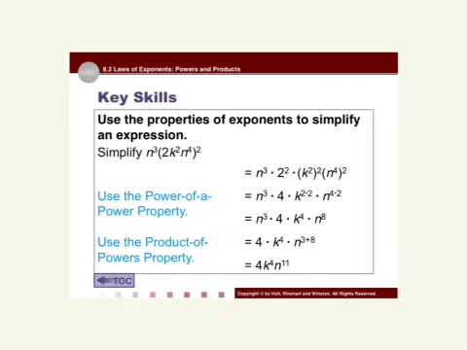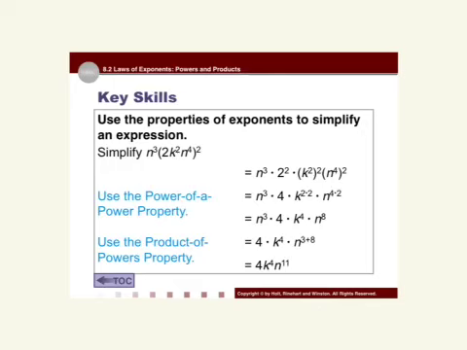Alright students, we've done a couple examples of each property. Now let's do one example that requires you to put both properties, or in other words both laws, into action. Here we're asking you to simplify n to the third power times 2k squared n to the fourth, squared.